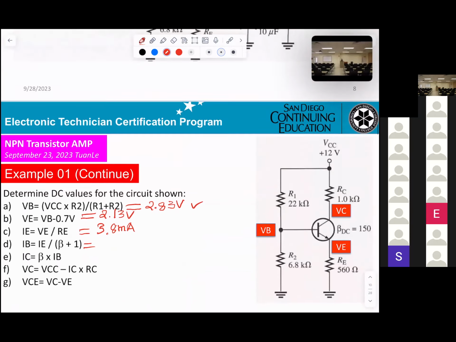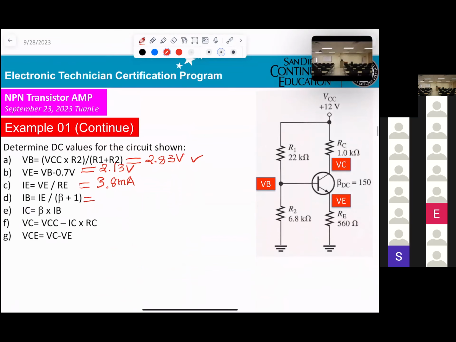Beta equals 150. IE, you get 3.8, divided by 150. 0.025, that's what you get. Yeah, that's good enough.